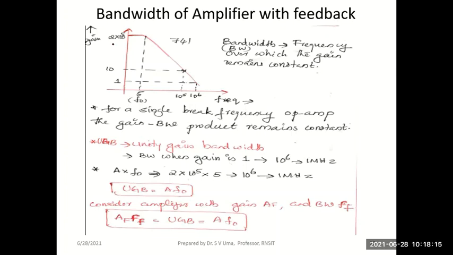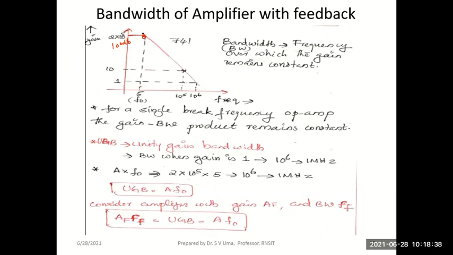If I write it in decibels, this would be 100 dB, but otherwise it is 2 into 10 power 5 if I don't write it in decibels. And you see the break frequency occurs at 10 Hertz or 5 Hertz. Usually it will be nearing 5 to 10 Hertz, depending on the device. Okay.